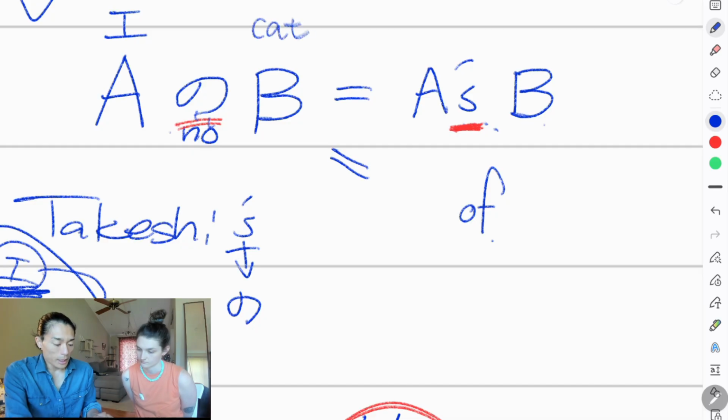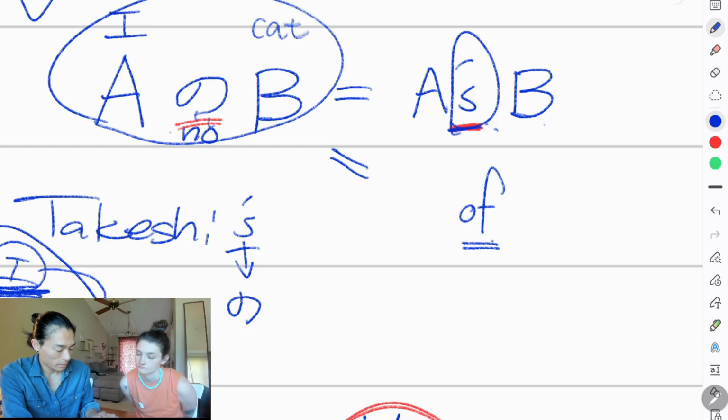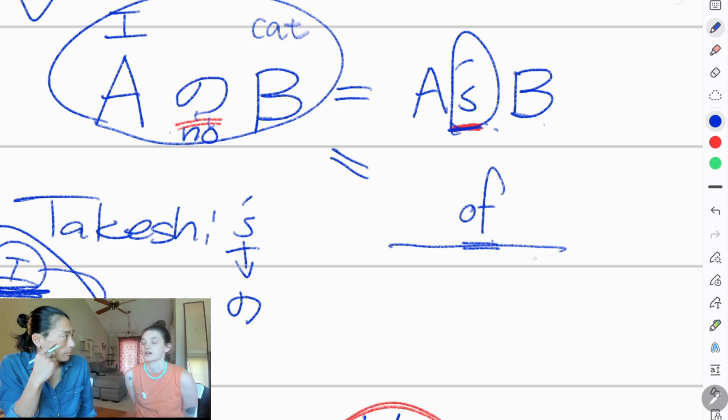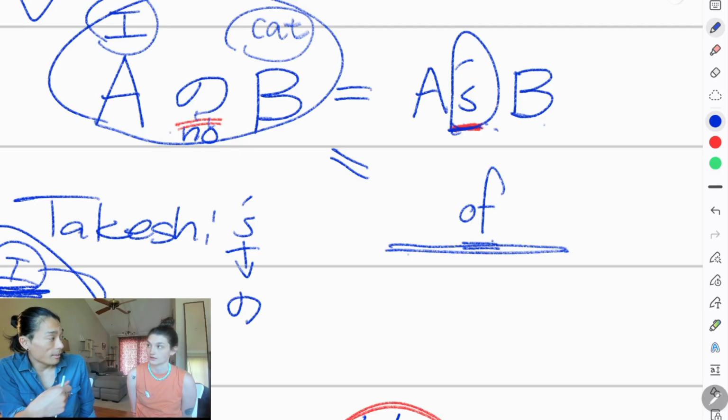If you cannot use this translation and you have to use this word to translate "my cat," how would you say it in English? Trying to say my cat again, but using "of." Cat of I. The cat of I.